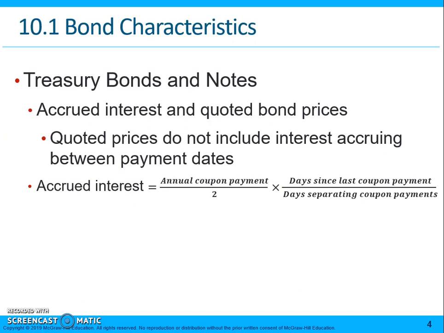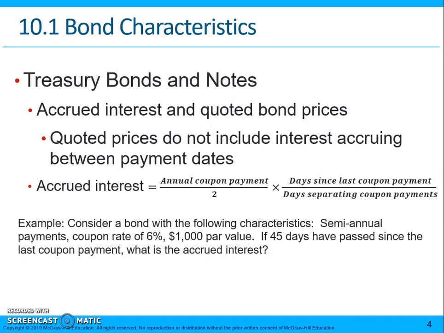We learned how to calculate it on our calculator, but the formula for accrued interest is simply the annual coupon payment divided by 2, multiplied by the days since the last payment over the days separating the coupon payments. Treasury bonds use actual days, so the actual days since the last payment divided by the actual days in the period.